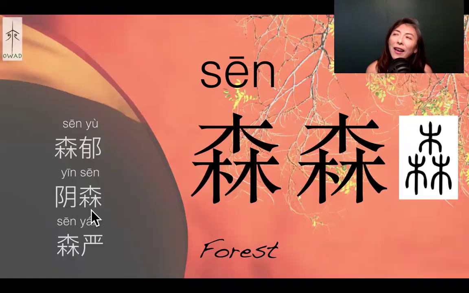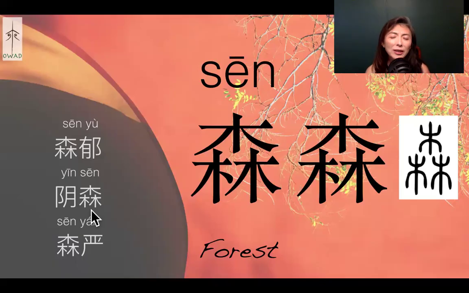It means not bright, but kind of shady, on the dark side of either a weather condition or energy condition. So yin simply is the low energy, almost like a little bit depressive, if you want to go there, kind of a blue color. And yin sen paired together simply describes the forest.